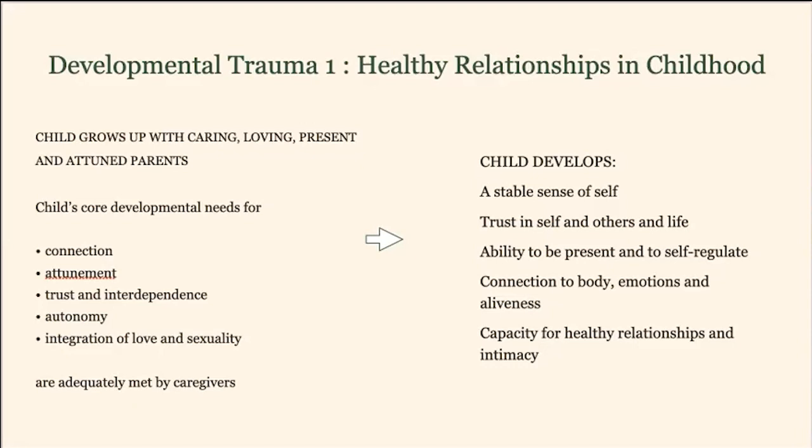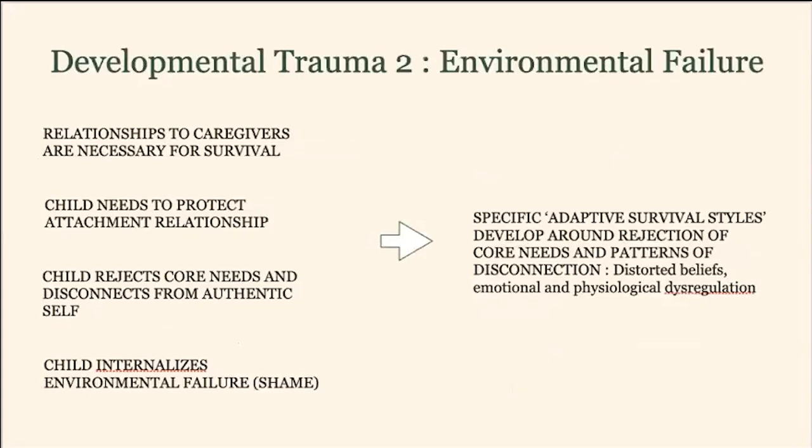Let's look at the less than ideal case where developmental trauma actually unfolds from. We call this scenario environmental failure in NARM, a scenario where the parents fail to provide adequate nurturing and attunement to the young child as he or she grows up. This can come, of course, in a huge variety of scenarios.